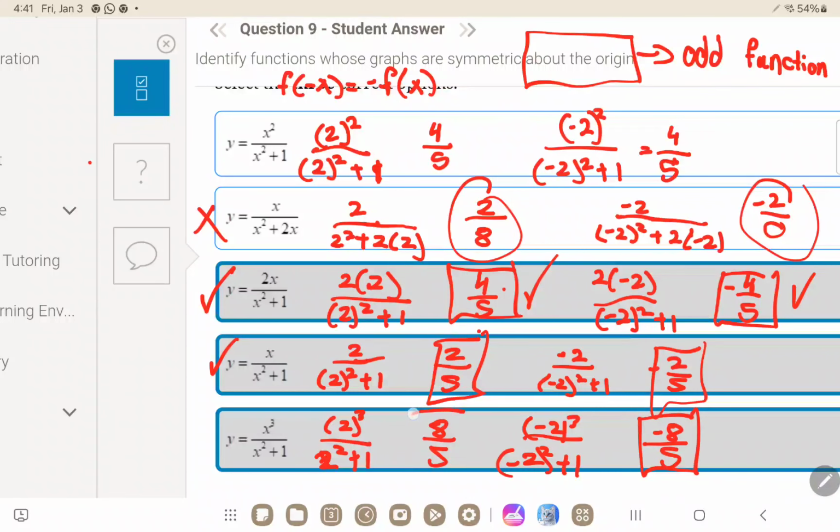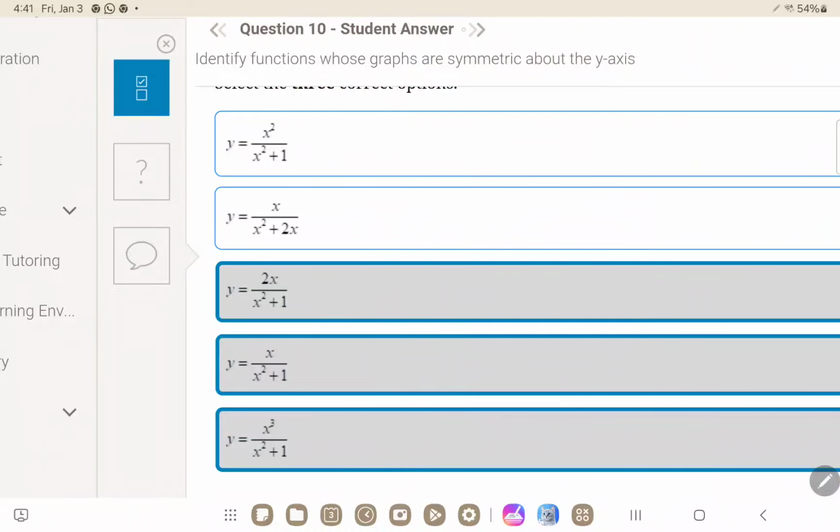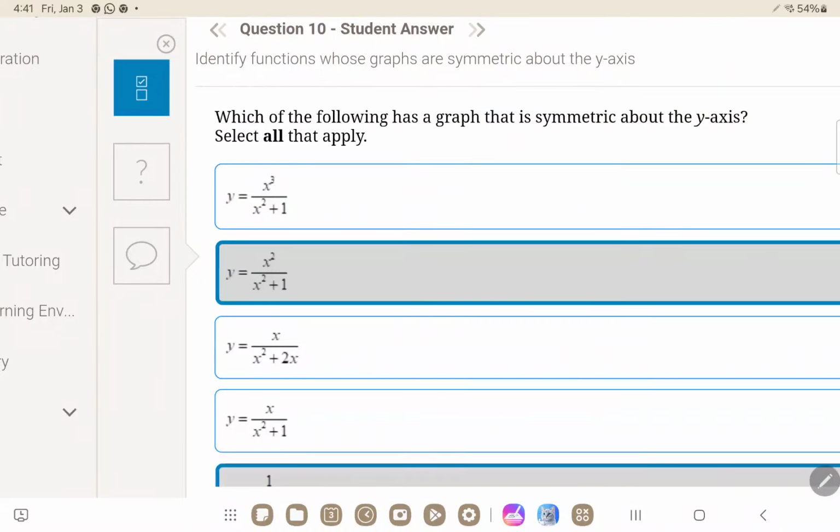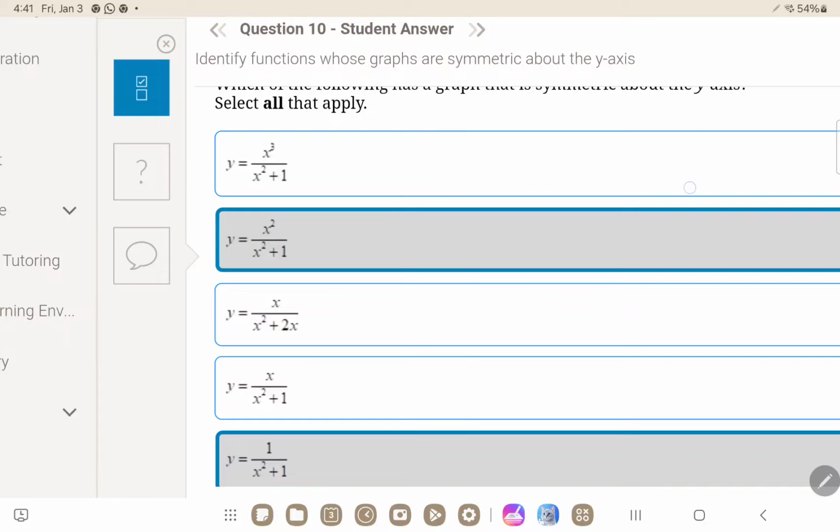Same answer, different signs, so this is correct, leaving this to be wrong. Now we move on to the next question, which is asking you which of the following is symmetric about the y-axis. When it tells you about the y-axis, it means they want an even function.